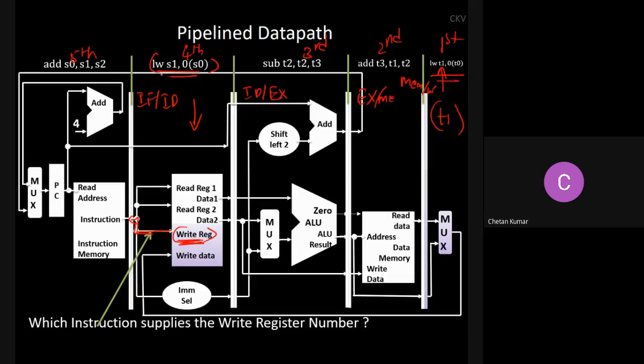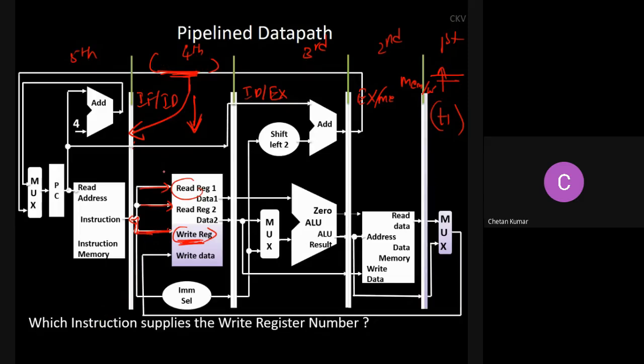It basically means that the data related to this instruction will be available in this pipeline register. Only then you will be reading, right? So this register supplies the inputs for reading of the registers, the second register, and so on.